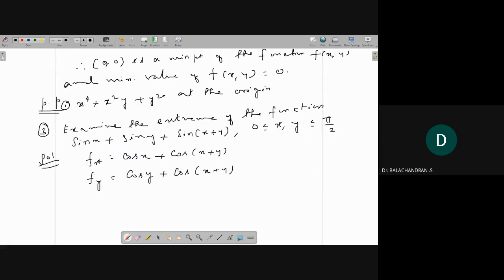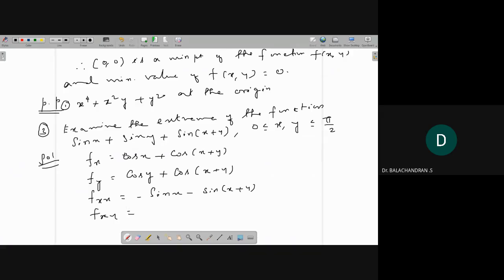Okay. And then fxx. Differentiating partially with respect to x, it means minus sin x minus sin of x plus y. Okay. And then fxy. Fxy is what?